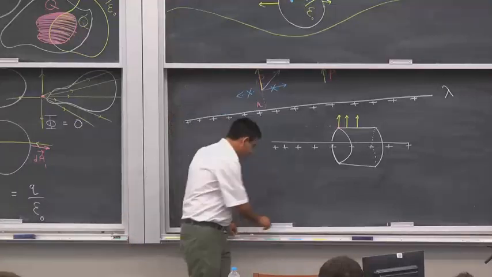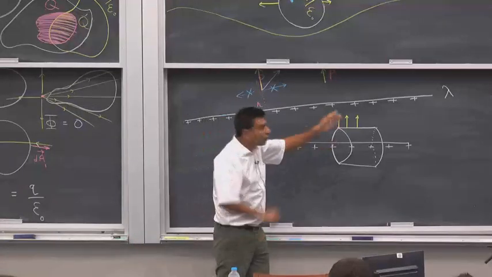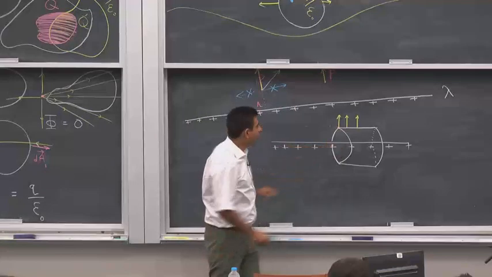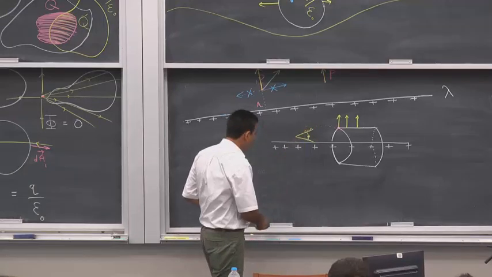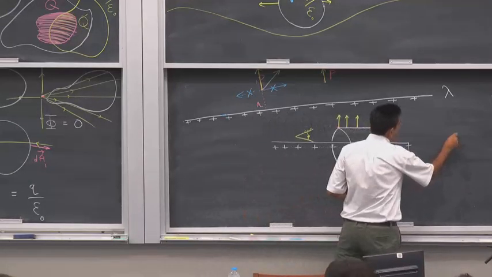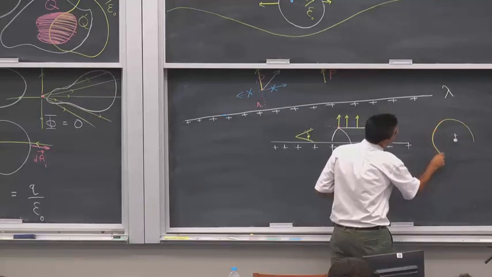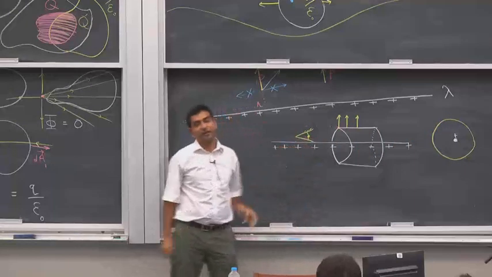Now what happens here is that on the curved surface, all points on the curved surface are equidistant from this line of charge. Now if I view this line of charge from here, what would I observe? I'm observing a line of charge that's coming towards me, it's positively charged, and I've drawn a cylinder. The cylinder is coaxial with this line of charge. This is what I will observe if I view the cylinder from here.